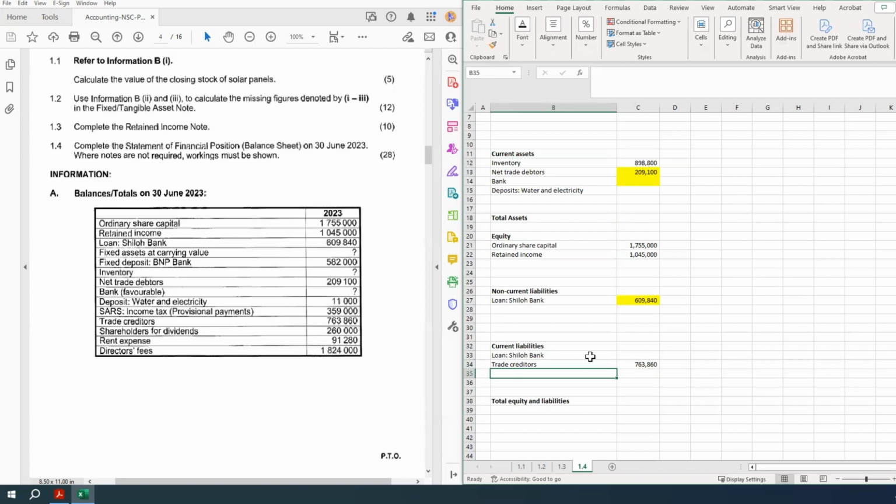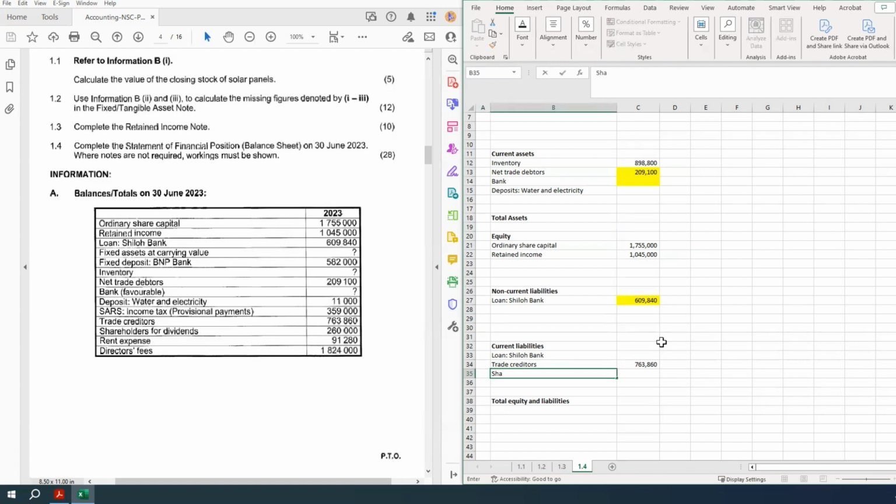Okay, and then they provided us with shareholders for dividends. If you remember, this is part of the question that we looked at, question 1.4, where they mentioned that there was a dividend that was declared, and the amount that was declared. So that's the amount that you could take as outstanding, because you've been given, as of 30th of June, the shareholders for dividends.